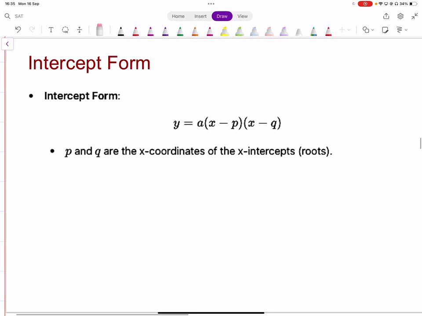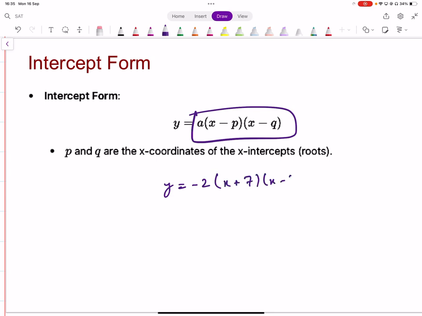Now, this is important. y equals ax squared plus bx plus c, that's the standard form of a quadratic function. Sometimes they give you equations in this form instead. Okay, so for example, you could have y equal to -2 into (x plus 7) into (x minus 3).